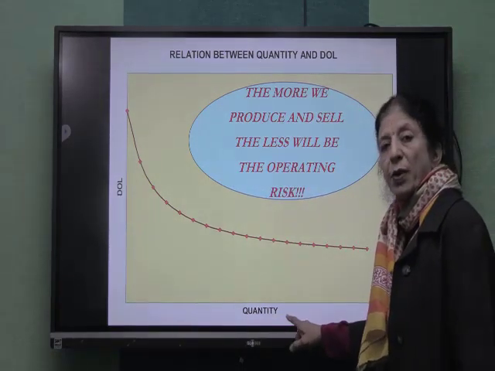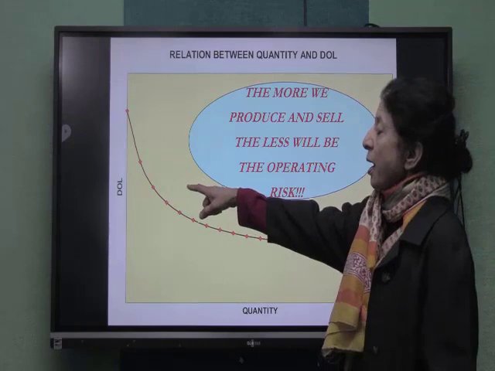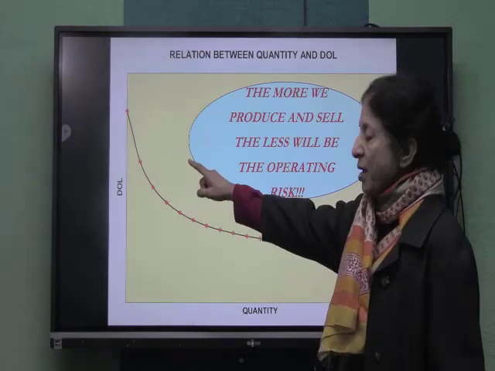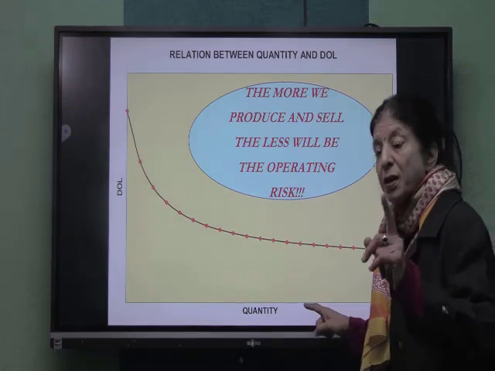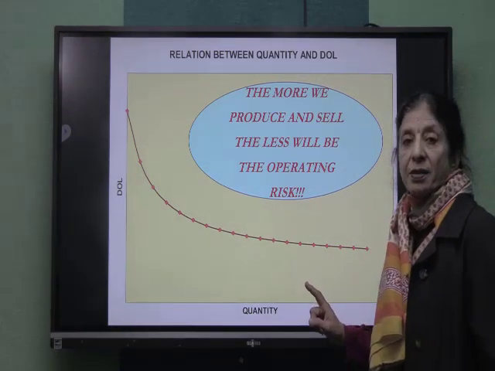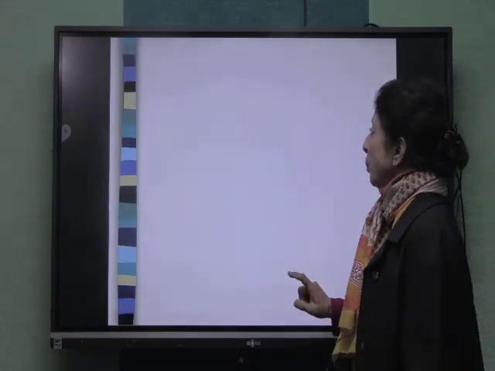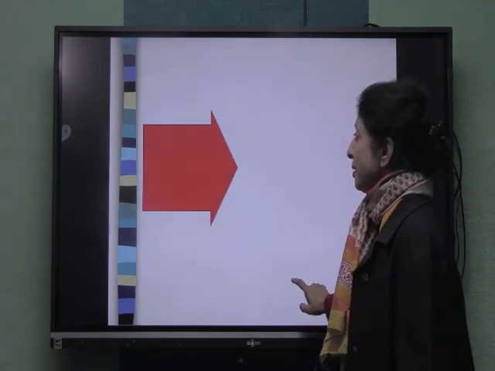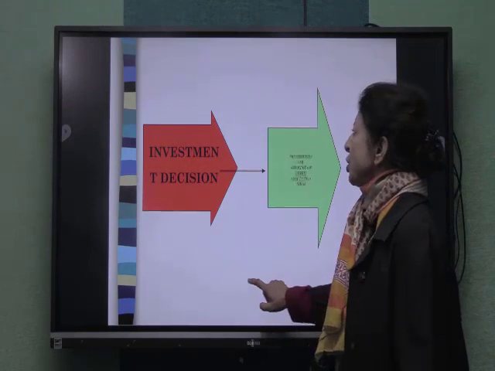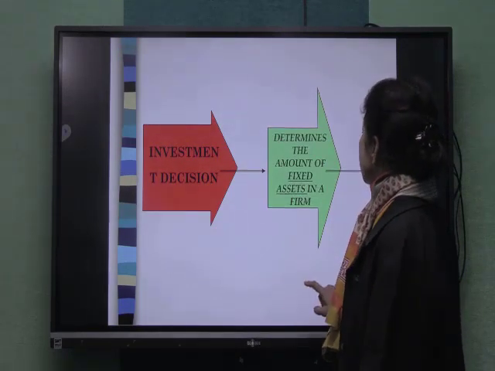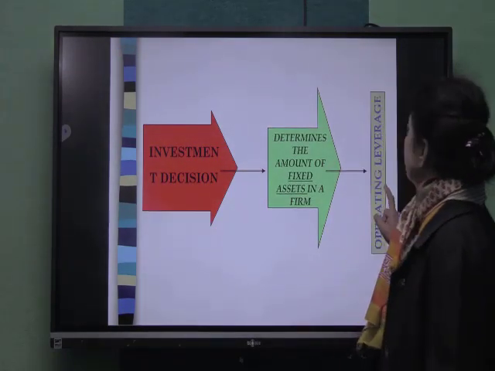Quantity is taken on the x axis, and DOL on the y axis, and the curve is coming down here. But remember, it will not touch the x axis. That's a very important point which you should understand here. Now, I'm giving you a relationship between the investment decision and the operating leverage.